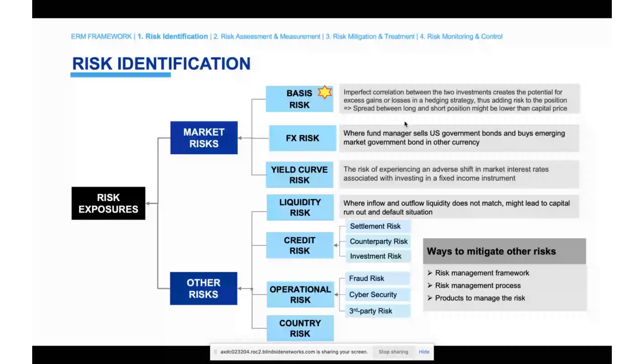Lastly is country risk. Country risk here is because you are buying a bond from an emerging market government. So in the case that the country has some kind of issue, like war, or nationalization by the government, or they do not want to pay and their bond defaults, or high inflation, then you will face the risk of losing your money because you're trading cross border.